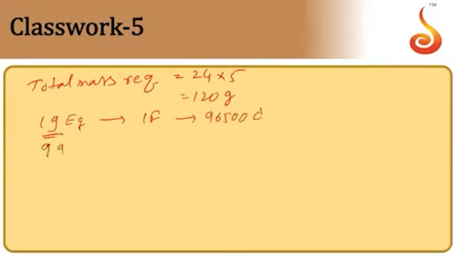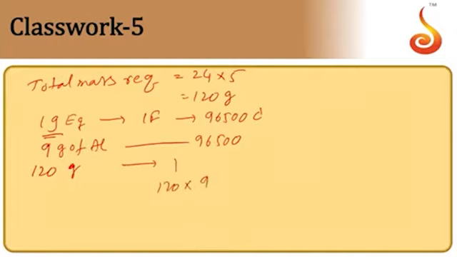That implies 9 grams of Al requires 96500 coulombs. We require here 120 grams of aluminum. How much charge is required for this? On cross multiplication, you'll get 120 into 96500 by 9 coulombs of charge.